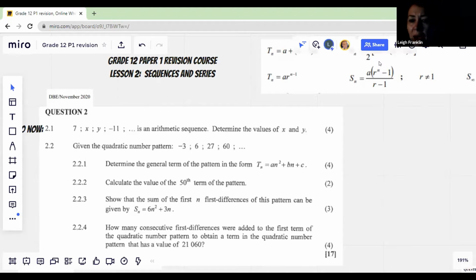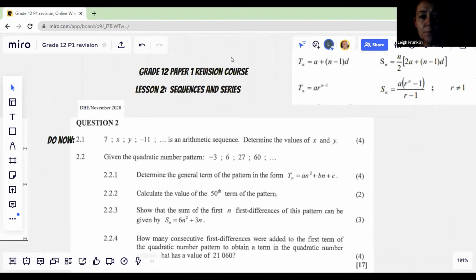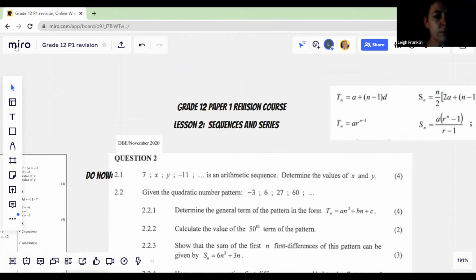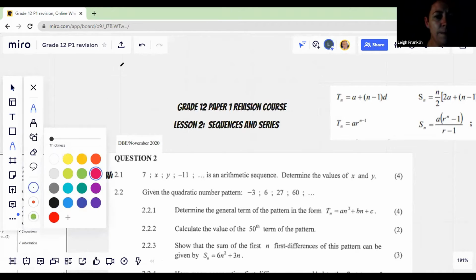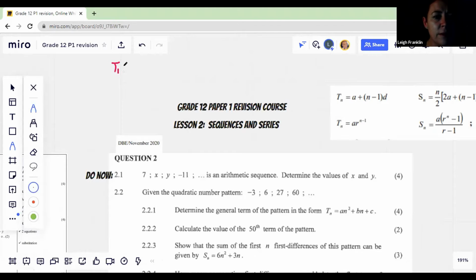So how can any arithmetic sequence be written? Term number 1 of any arithmetic sequence is going to be A, right? Term 1 is always going to be A. So term 2 is going to be what we started with, plus 1 difference.